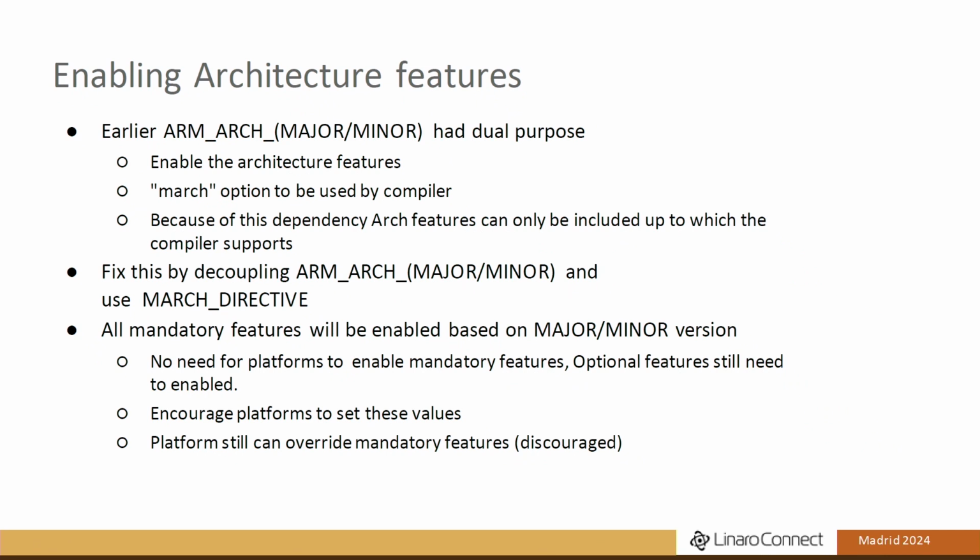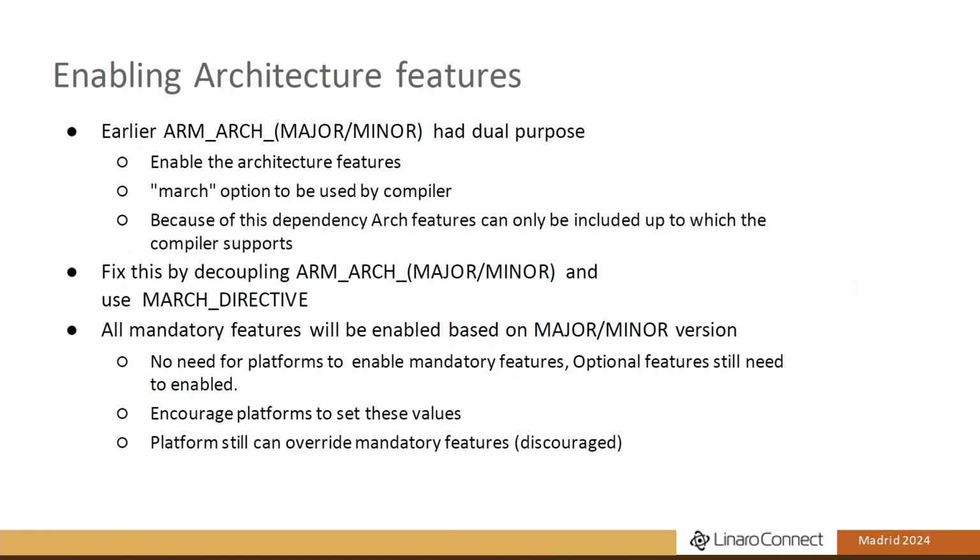Because of this dependency, we couldn't upgrade our architecture features because the compiler support was not available yet. So the solution was to fix this by decoupling ARM_ARCH_MINOR and the march directive.